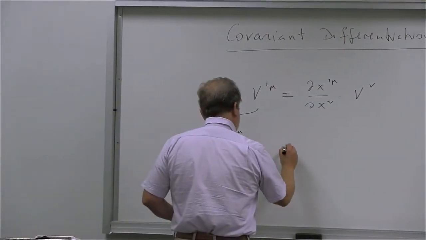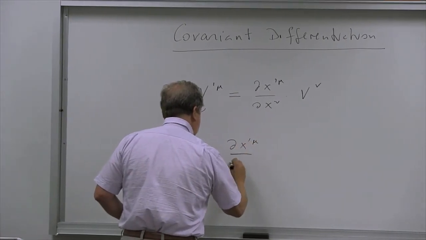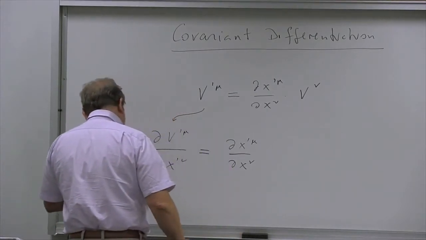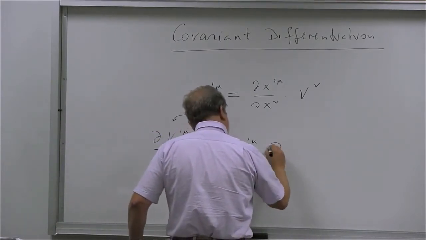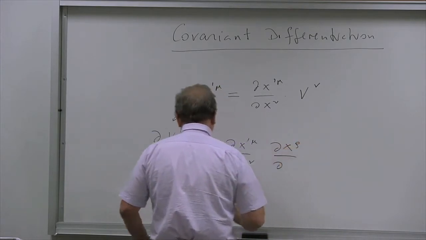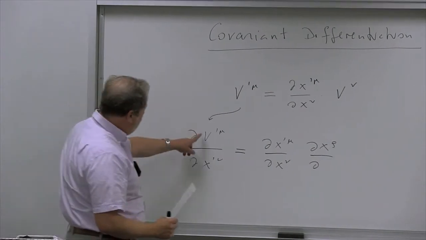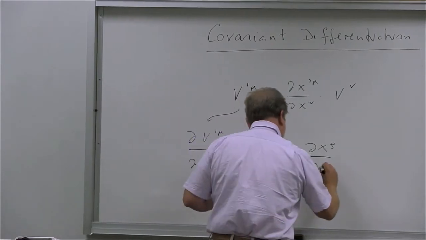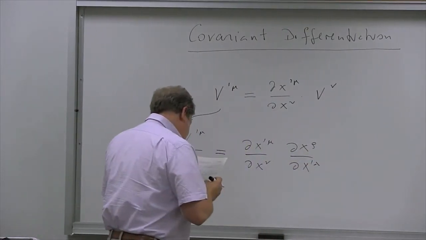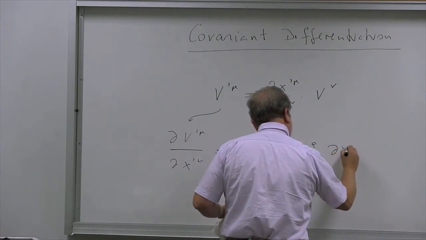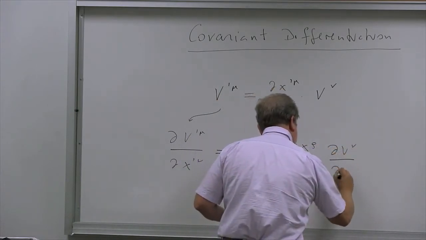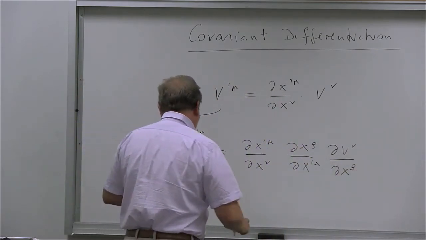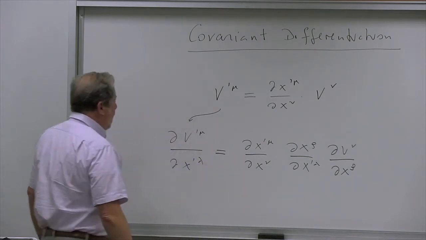So the first term is just the dx prime mu by dx nu, as we have there, times the derivative of v nu with respect to x rho. So now we want to write the derivative with respect to x prime as a derivative with respect to x. So we write it as dx rho by dx prime lambda times dv nu by dx rho. Right, and so with this index, sorry, we want to have this to be lambda.